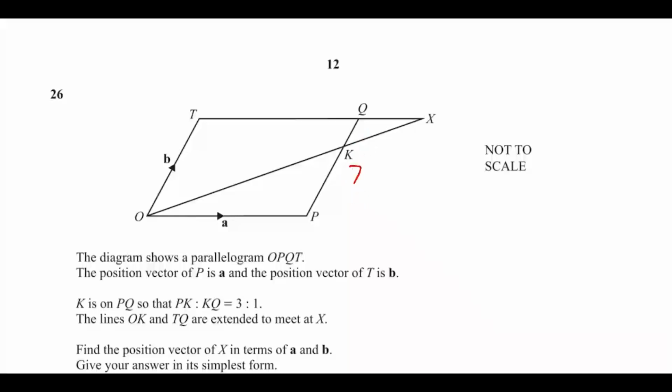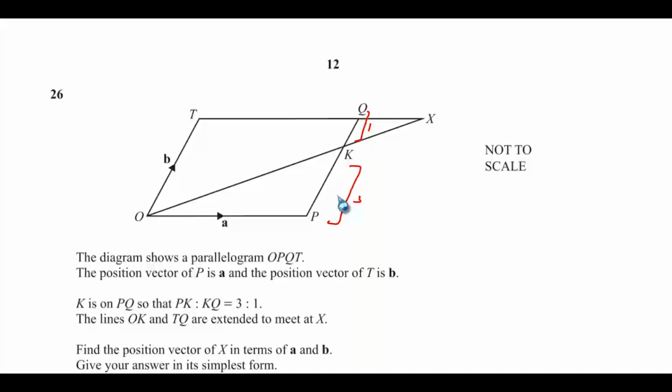So this will be 3 and this will be 1. Okay, so I can find their corresponding values once I know the value of PQ.